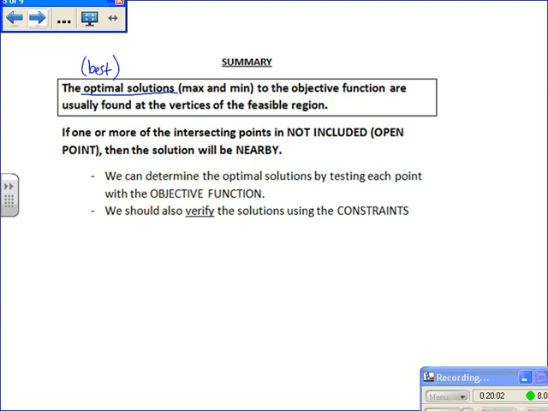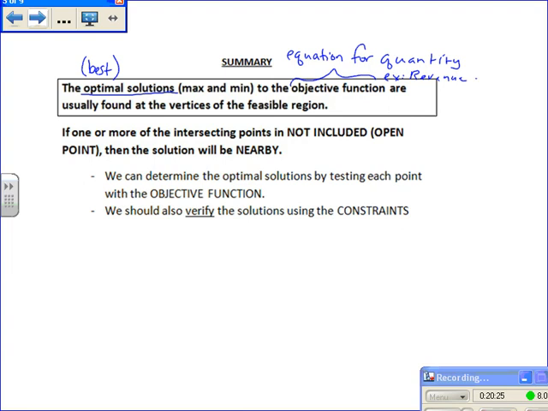So the optimal solutions, the max and min solutions, to the objective function, remember this is just an equation for some quantity that you want to maximize or minimize. Okay, so for example, revenue or maybe cost.